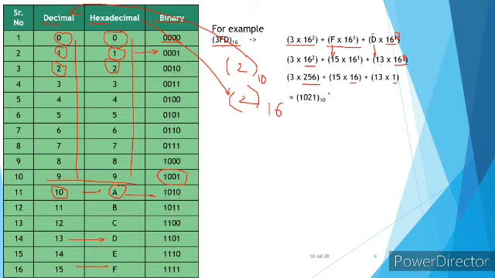Then this number turns out to be this. So 3FD has equivalent number 1021 in the decimal. This is the concept of conversion, which we are going to look into in upcoming lectures.